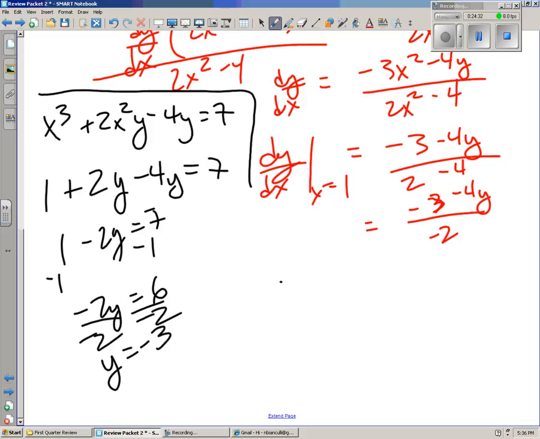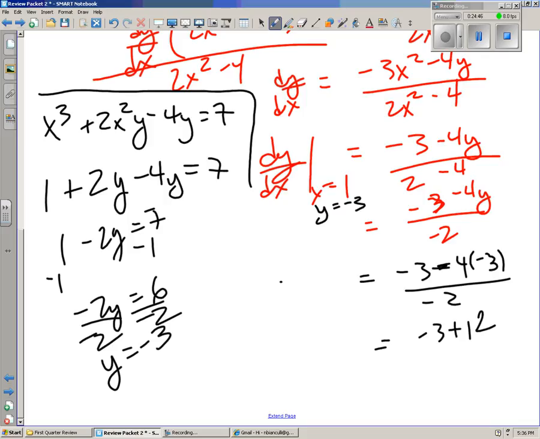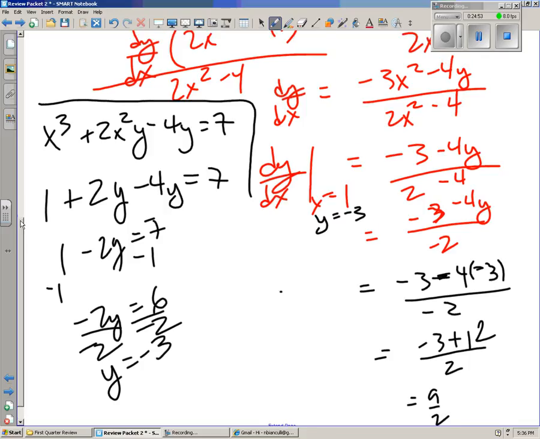So if y is negative 3, now we can evaluate this properly, and we would get negative 3 minus 4 times negative 3 over negative 2, which is negative 3 plus 12, because we're subtracting a negative, over 2, which is 9 over 2, which is hopefully a choice.